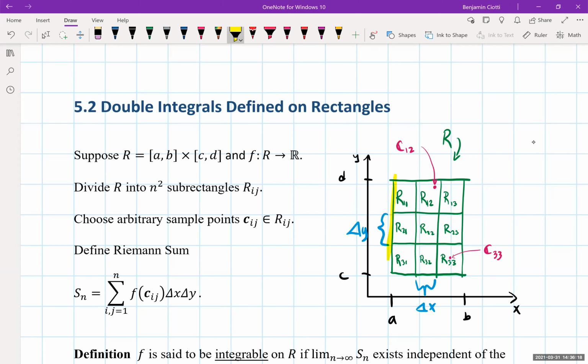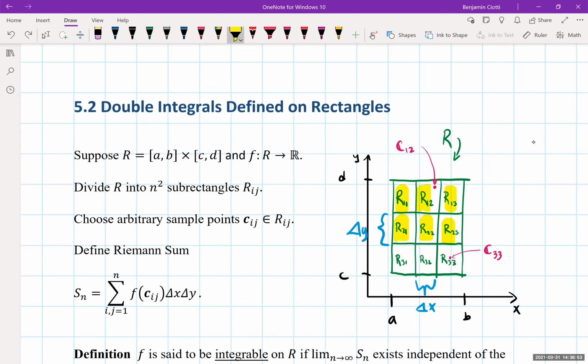Now, here, this green rectangle, that's R. What I'm now going to do is split it into a whole bunch of equal subrectangles. I'm going to do that by splitting the interval from A to B into n subintervals, and similarly, I split this one into n subintervals, so we get a whole bunch of little subrectangles.